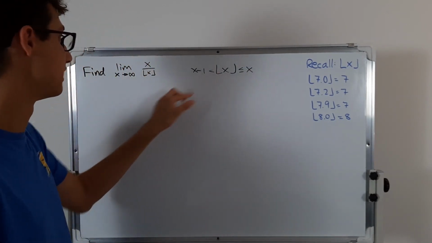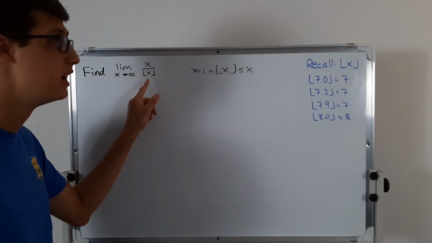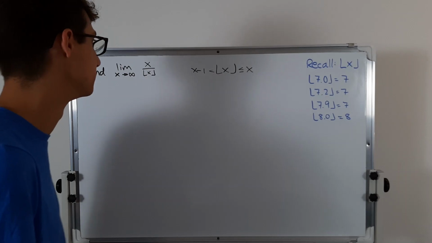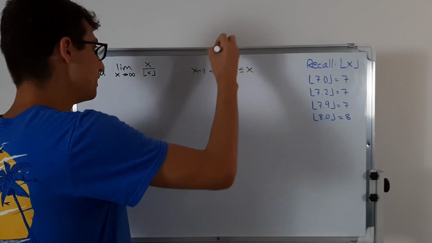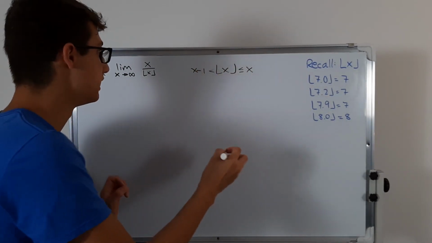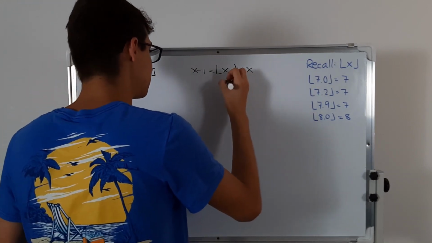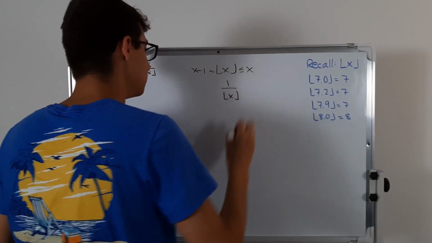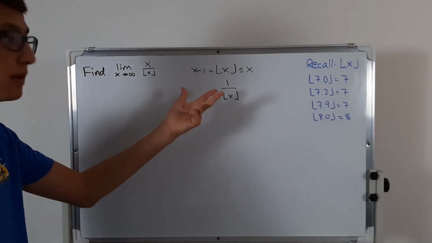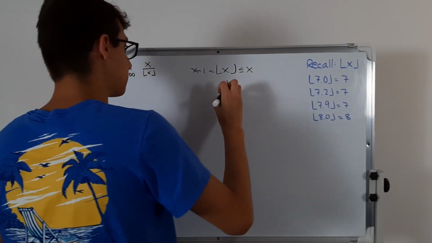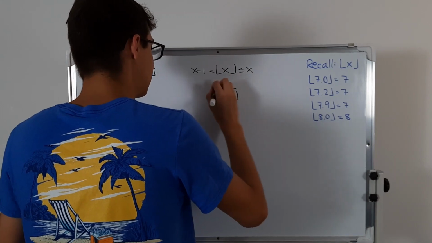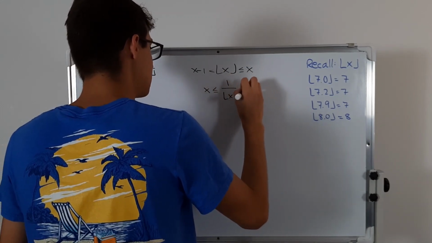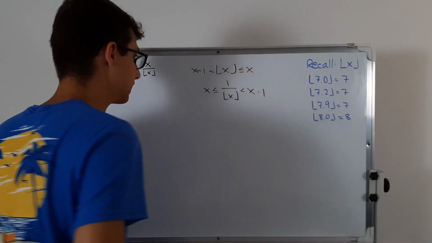Notice how this isn't exactly the form we want. So let's think of how we do this. If I take the reciprocal of it, so if I look for 1 over the floor of x, this is going to flip the inequality. I think I did that right.